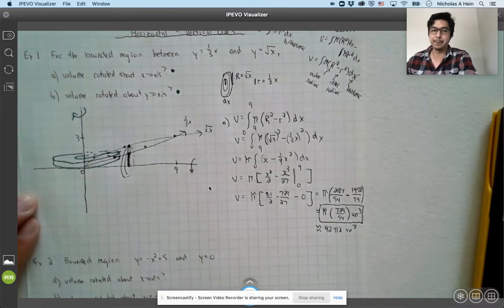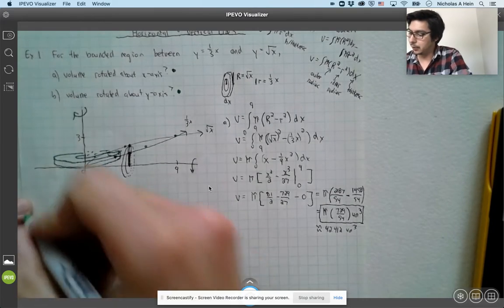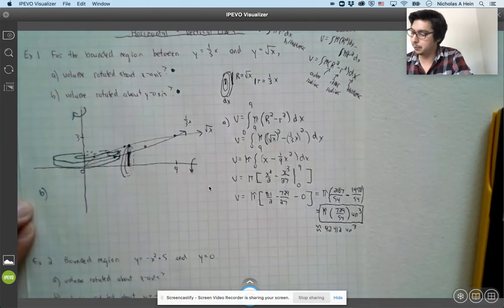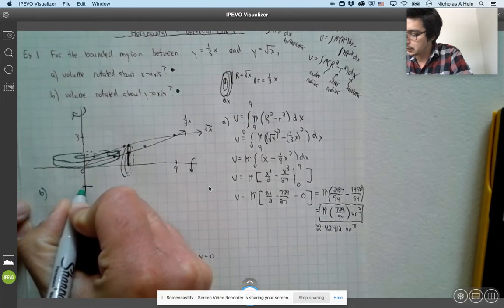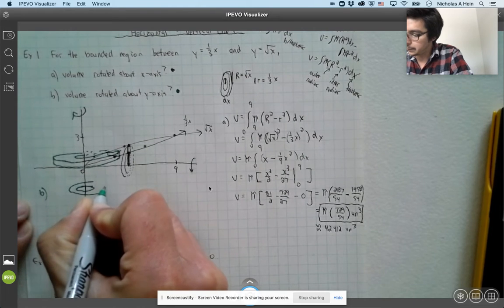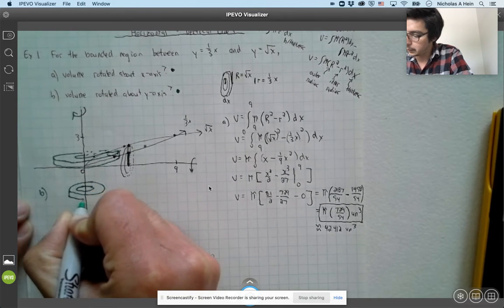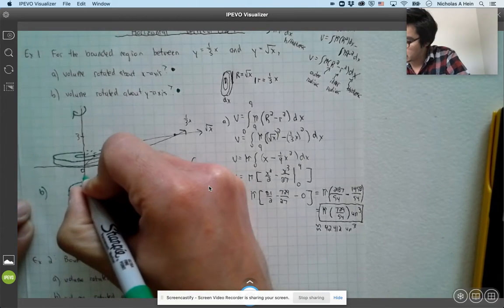So if we calculate the volume of this washer, let's draw this out. I'll draw it again right here. There's a 3D shape.